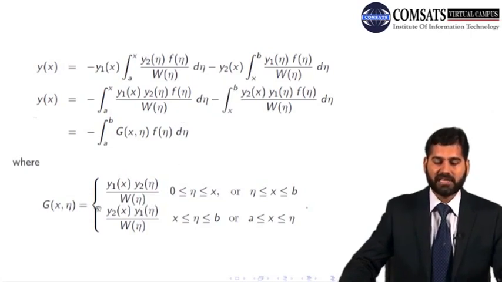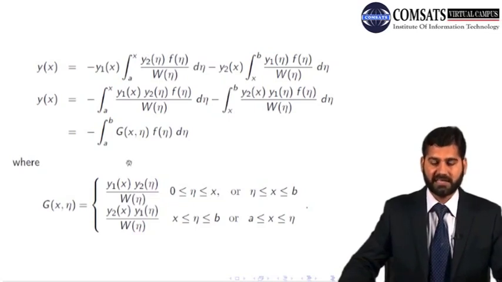All right. So in those two examples which I did at the end, I obtained the Green's function explicitly. But what you can do is use this formula to write the Green's function.